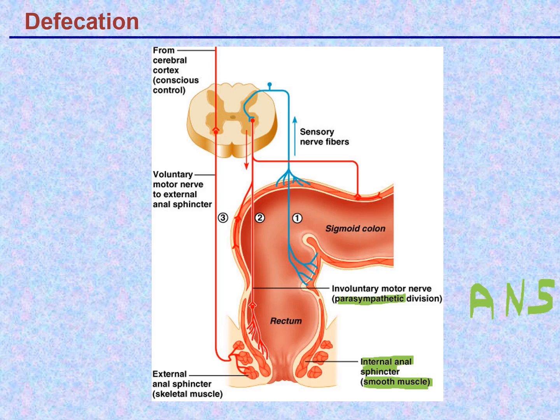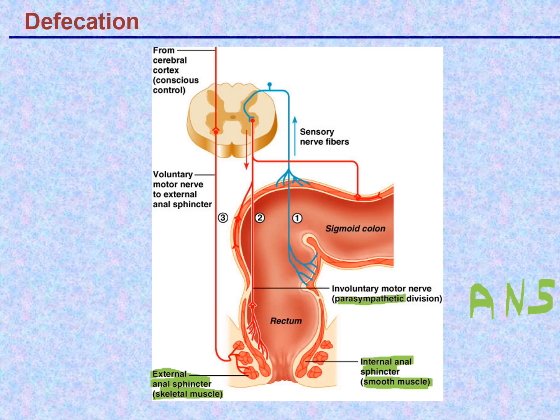Signals from the parasympathetic would allow the internal anal sphincter to relax. Signals coming from the sympathetic division would cause contraction of the internal anal sphincter. The external anal sphincter is under voluntary control. It is skeletal muscle. All of your skeletal muscle throughout your body is under voluntary control.